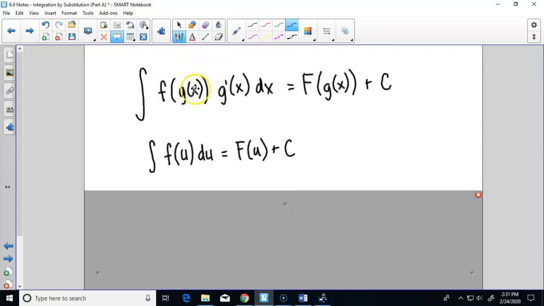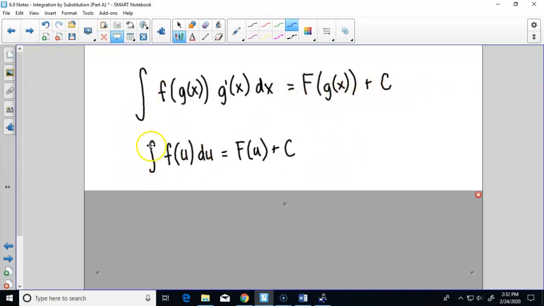All right, so if we have a chain rule, if we have the integral of f of g of x times g prime of x dx, it has to equal capital F of g of x plus c.